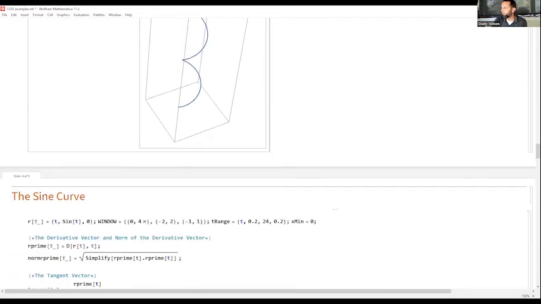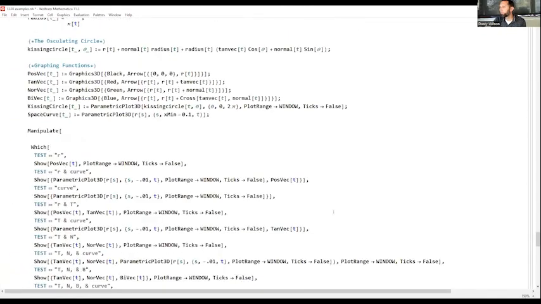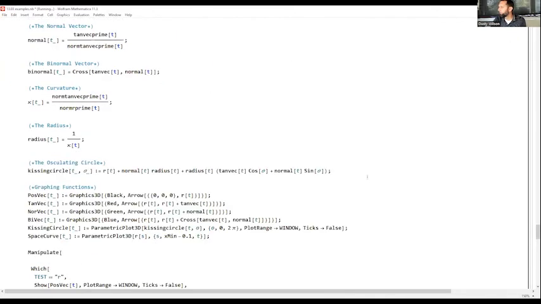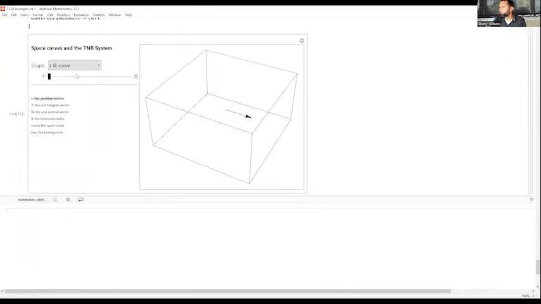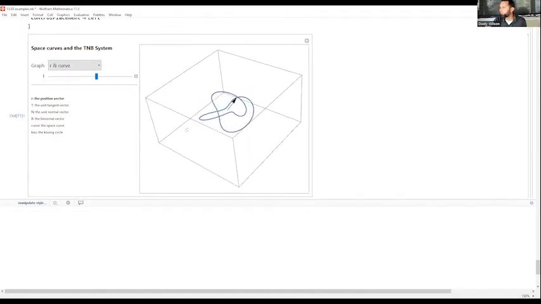Let me look at another example of the same thing. Here's a trefoil knot, a slightly more interesting curve. Let's see if this will work. So here's that trefoil knot shape. Kind of a funky little knot shape.